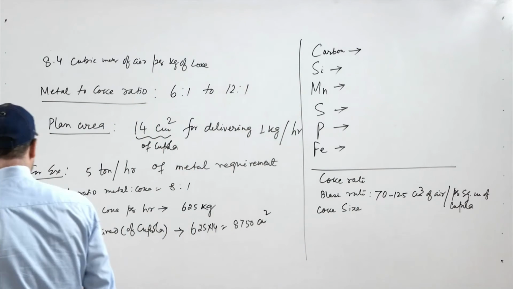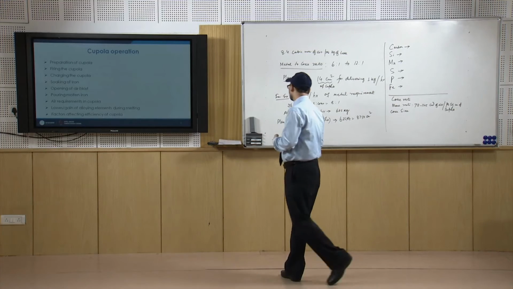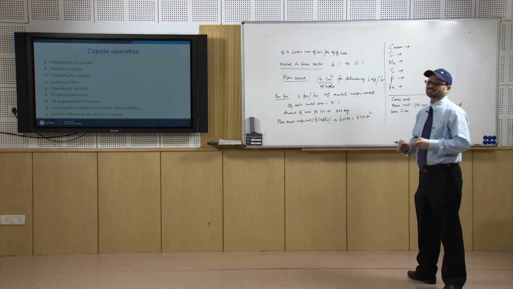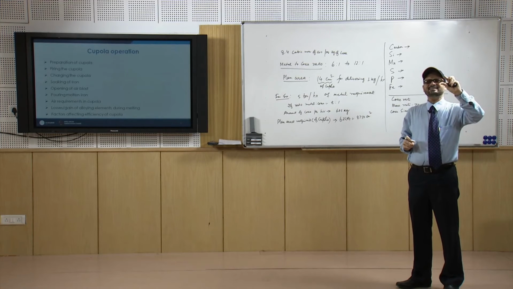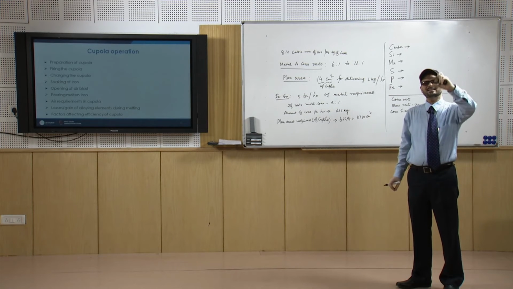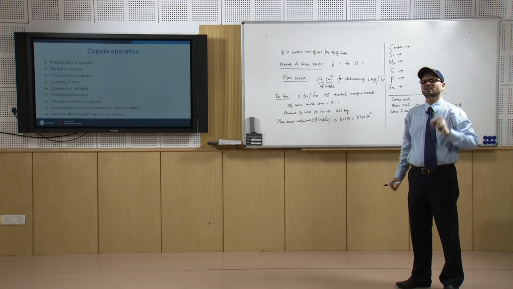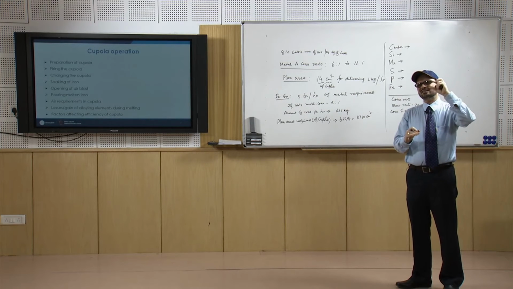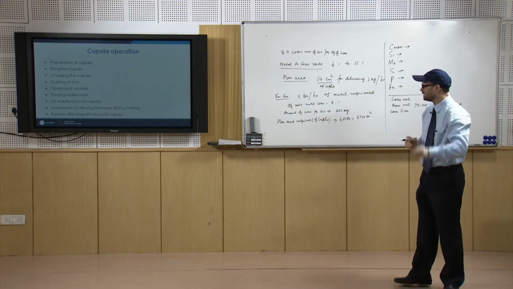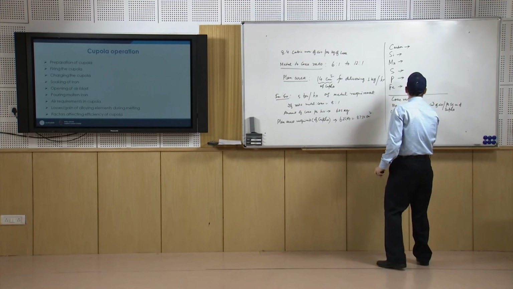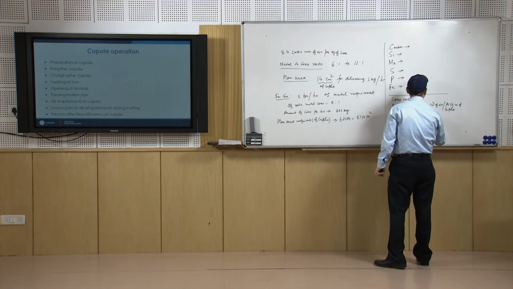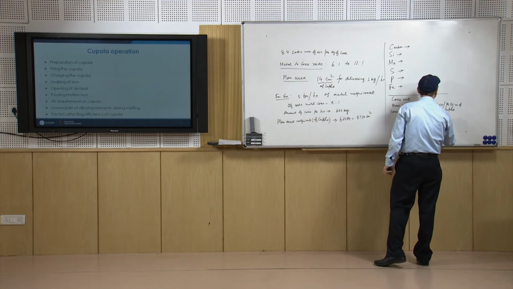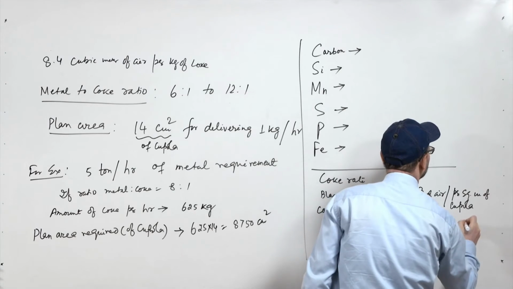Now, next is coke size. There are two coke sizes. One is for the coke which is in the charge, and another is the size of the coke in the coke bed. So, coke is used along with the charge and in the coke bed.